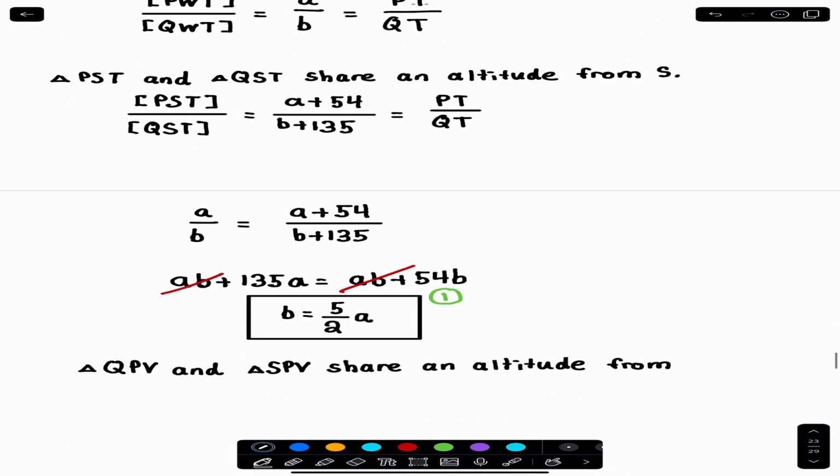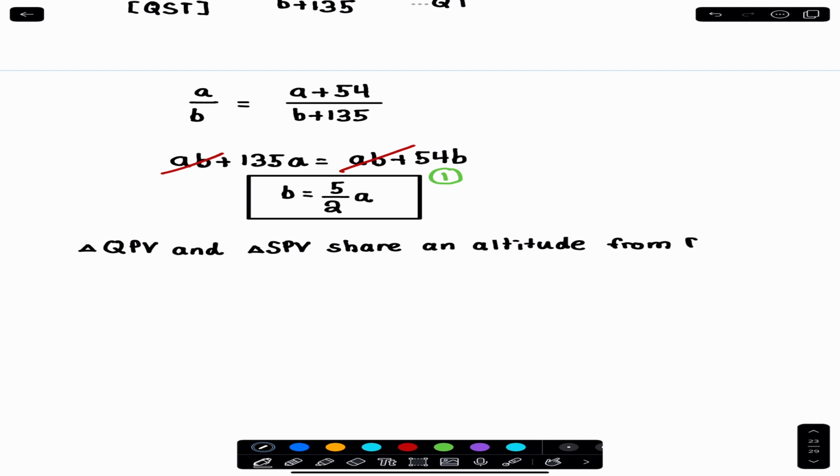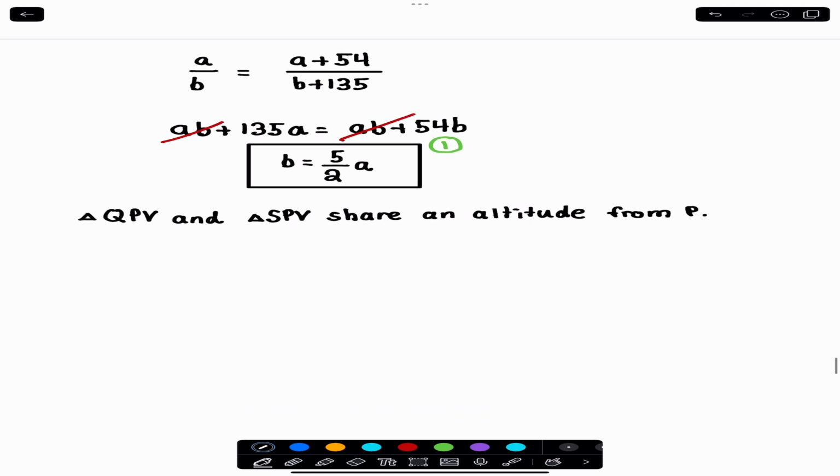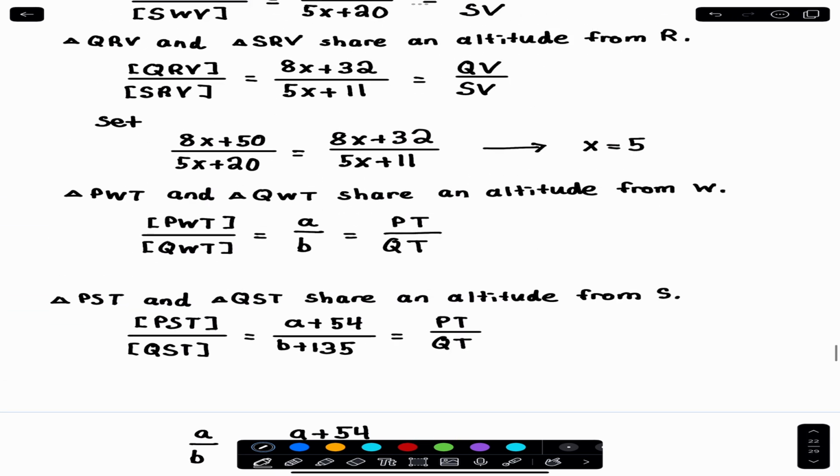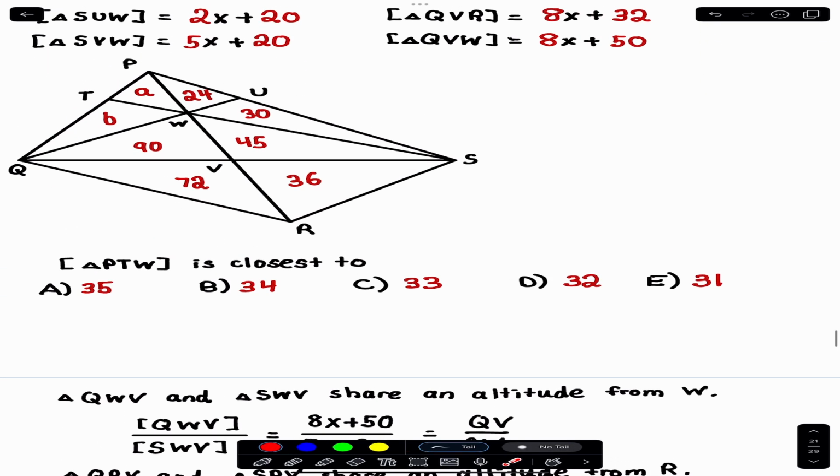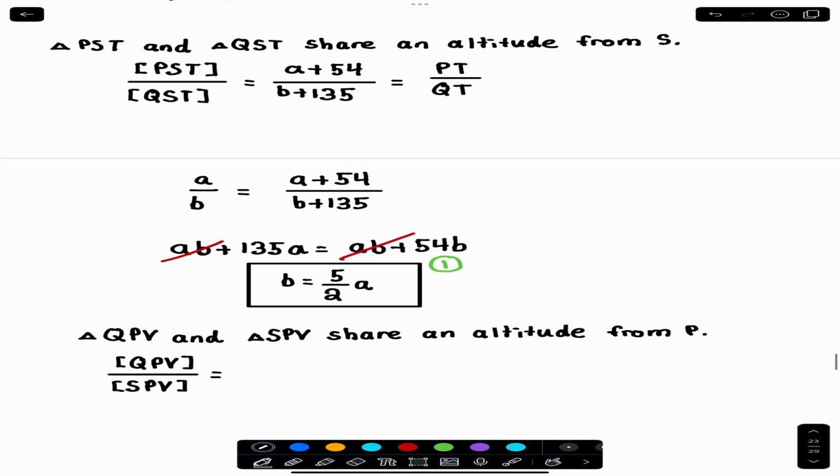QPV and SPV, yes, sharing altitude from point P. The area of triangle QPV is A plus B plus 90.